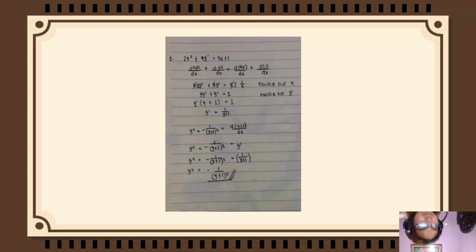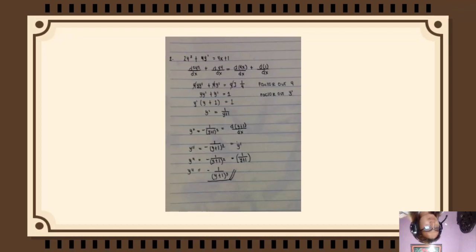Ngayon, factor out natin by 4. So, 1, then ayan na siya. Y y prime plus y prime. So ito. Ngayon, i-factor out natin yung y1.